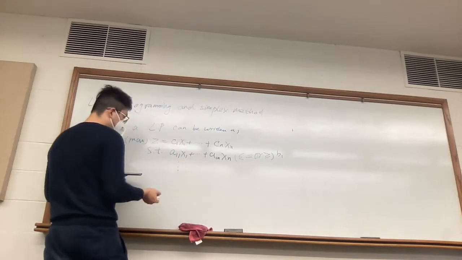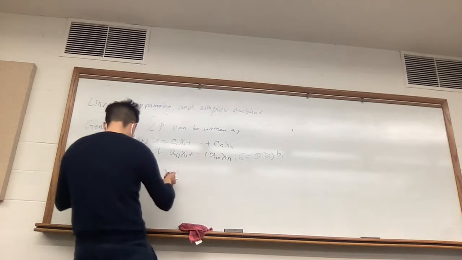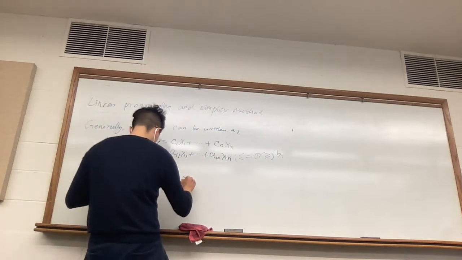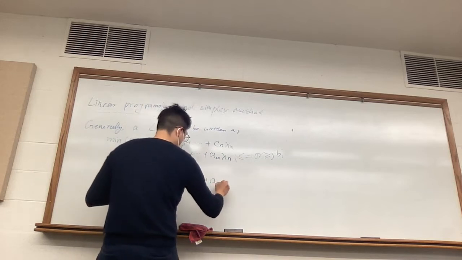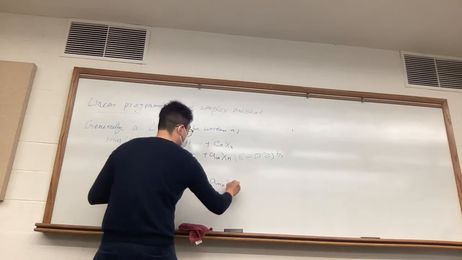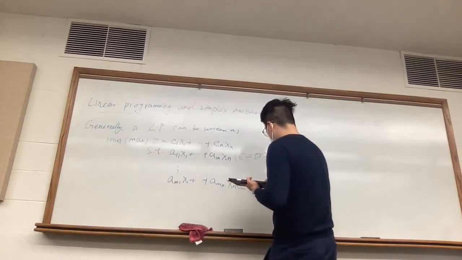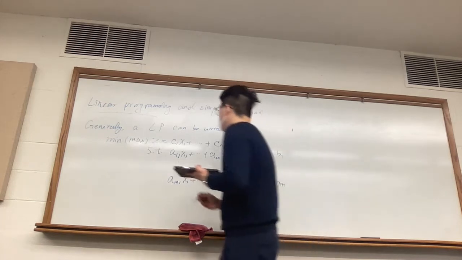So suppose you have these linear constraints. So this is actually am1x1 and until amnxn, less than or equal to or greater than or equal to bm.